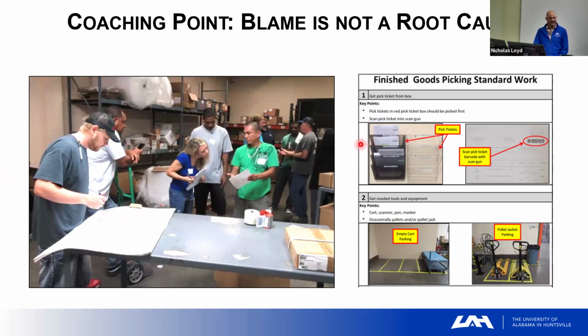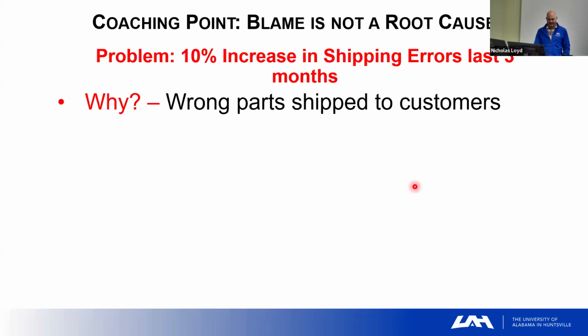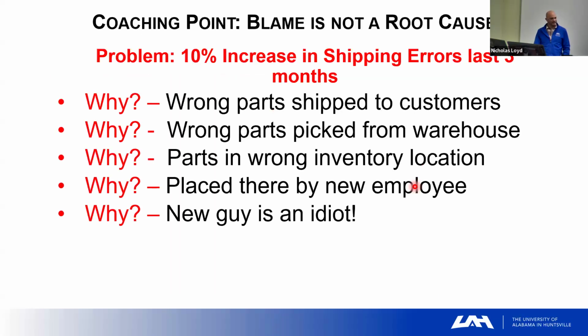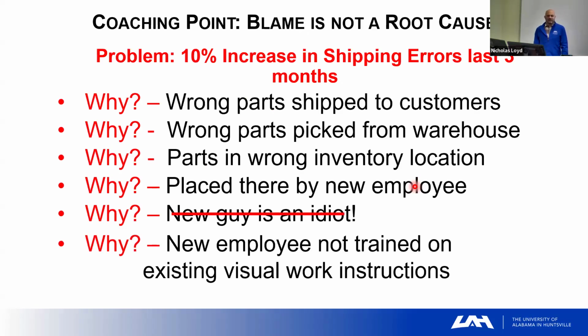They just gave me a scan gun, told me to go find stuff, said the gun would show me where to go. He wasn't trained on how to actually locate things and double check things, and got tagged an idiot. So if you get to the end of a 5Y and blame is your root cause, you probably need to rephrase the answers.